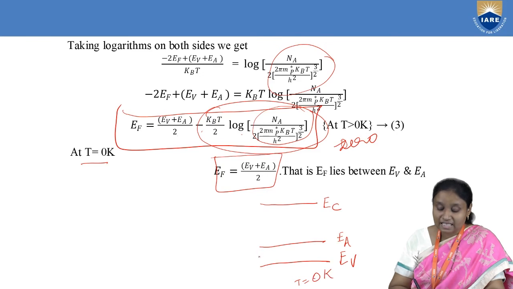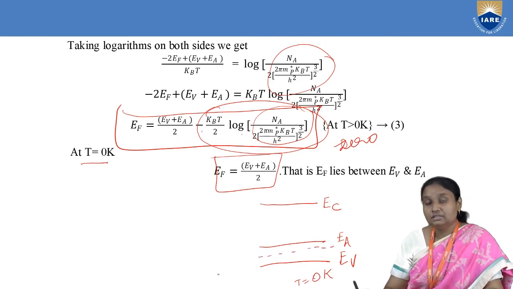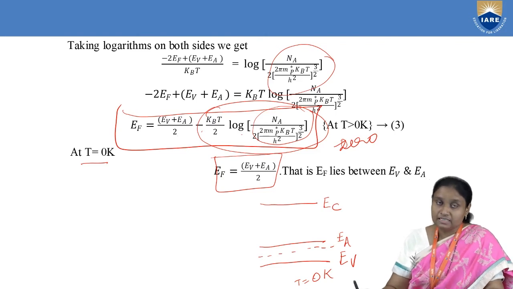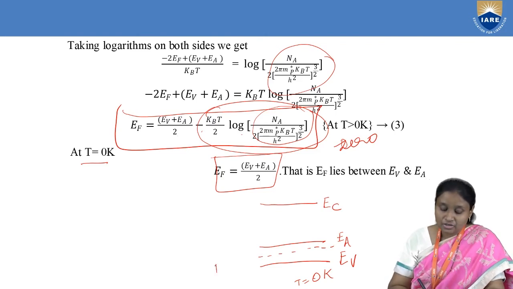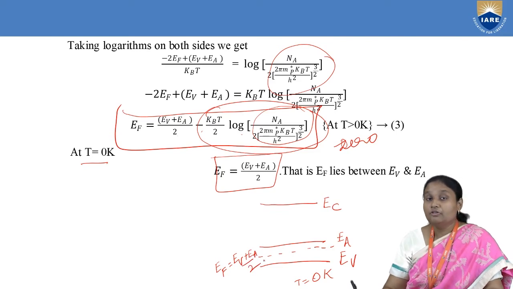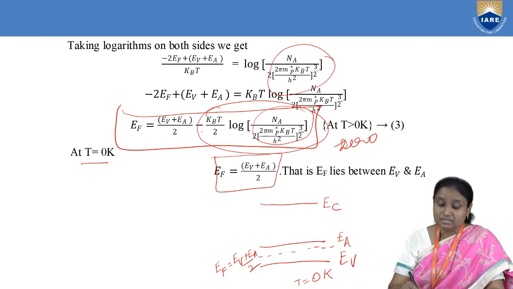The Fermi level is exactly in the middle between the valence band, that is the topmost energy level of the valence band, and the acceptor energy level. So what is our EF here? EF is EV plus EA by 2. So this is the location of the Fermi level in p-type semiconductors at T equal to 0 kelvins.